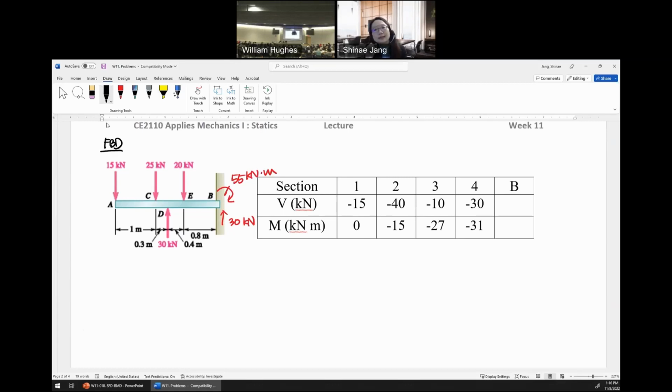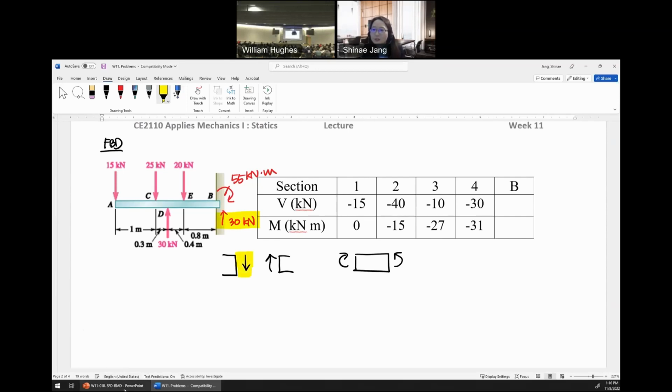Okay, and now before plotting, think about the sign convention. Positive shear force is like this, and positive bending moment is like this. Based on our sign convention, is this plus 30 or minus 30? We should see the right side of the section.